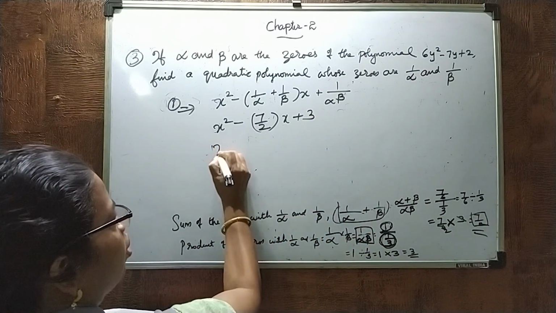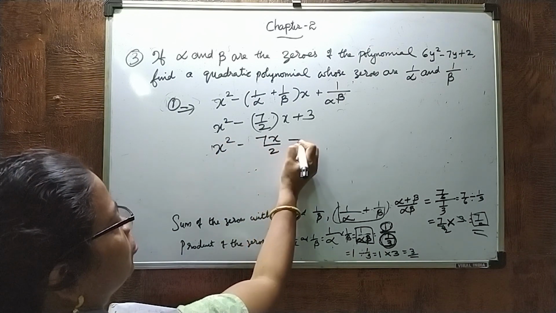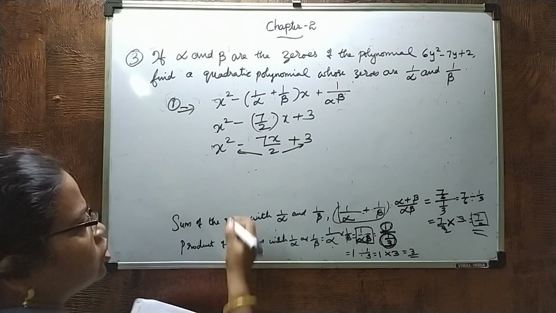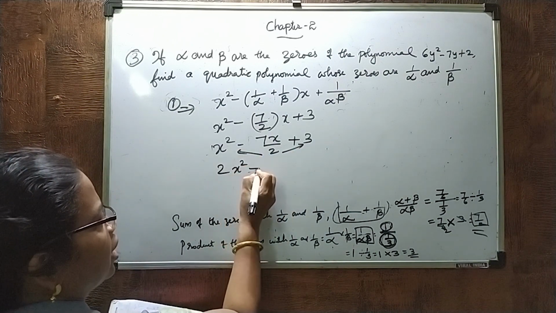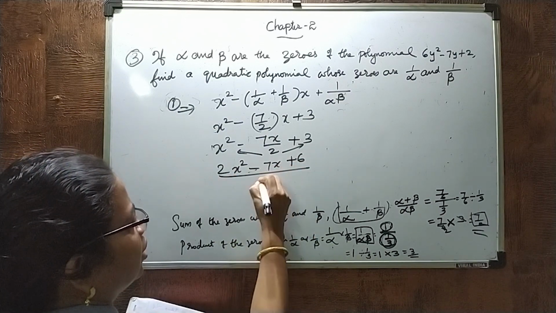You already know how to form it when the denominator is there. 7x by 2 plus 3. This 2 will be multiplied on both sides. So it will be 2x square minus 7x plus 6 divided by 2.